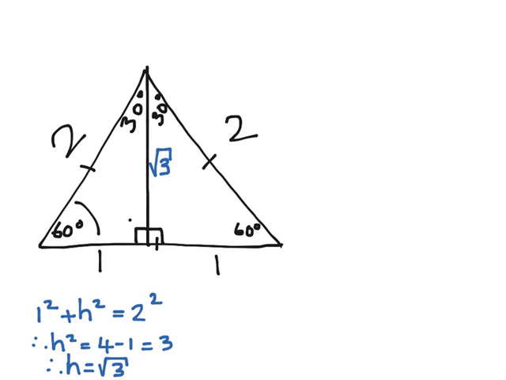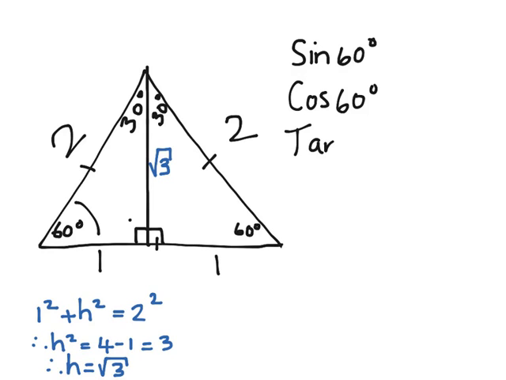So we go: sine 60, cos 60, tan 60. So again, remember SOH CAH TOA.